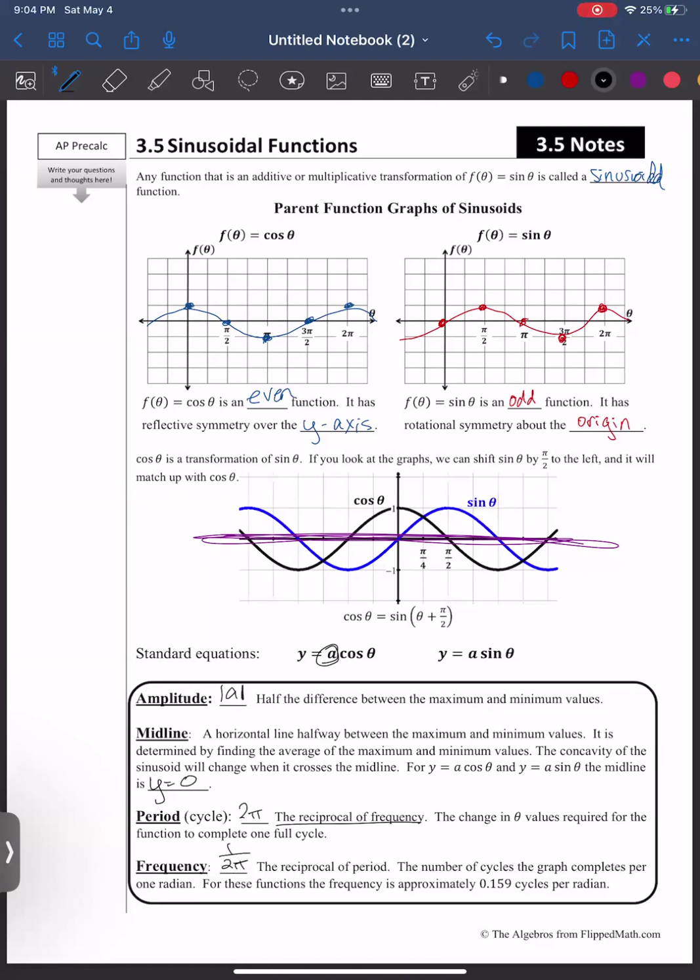For this function, the frequency is approximately 0.159 cycles per radian. So it's basically trying to tell you how many periods happen in a set range. So if you were to have a radius of 5, right, you'd want to see how many times your period appears in that function.